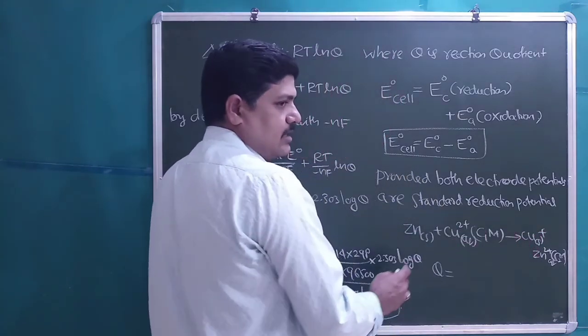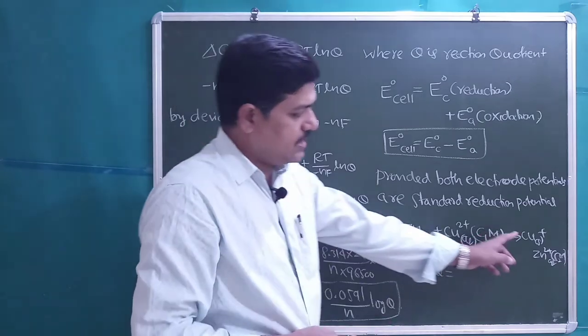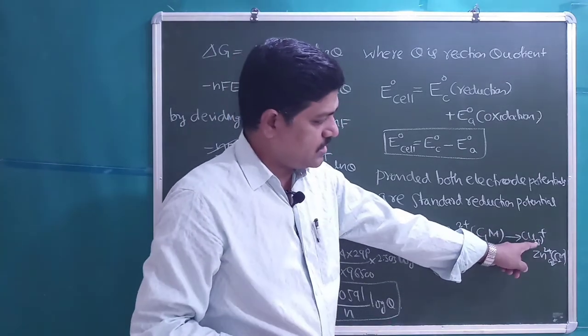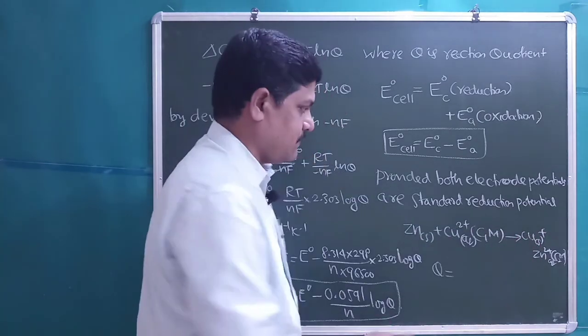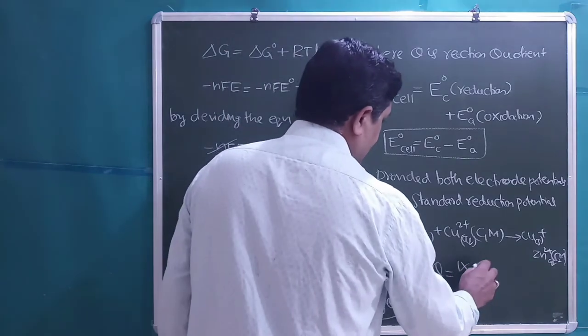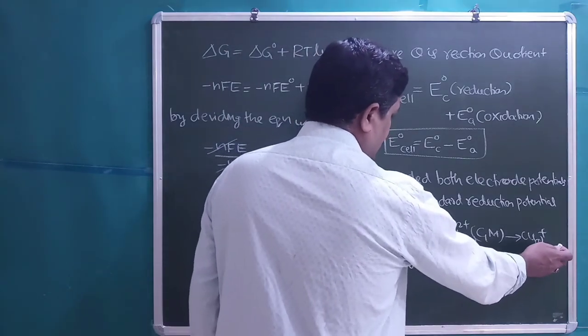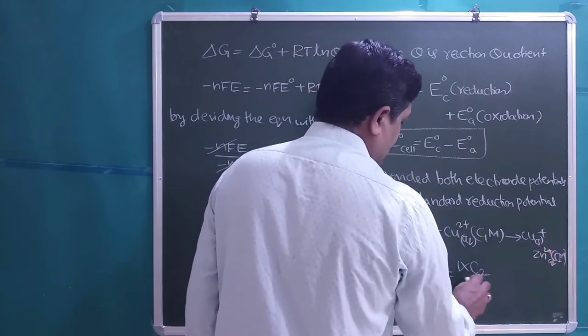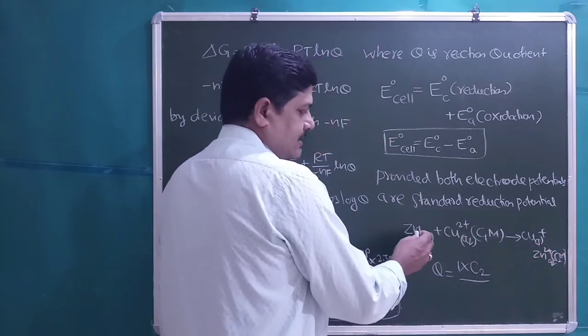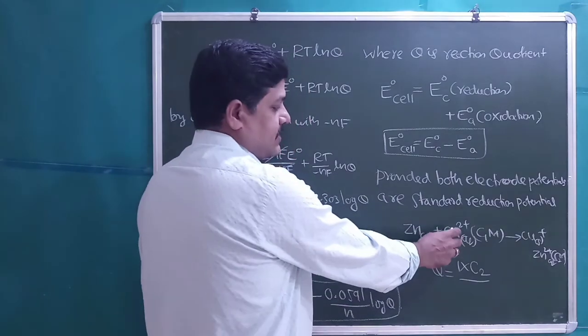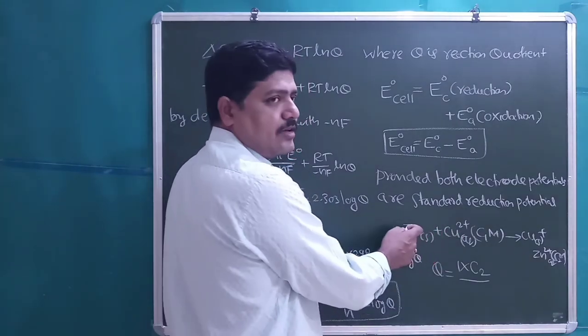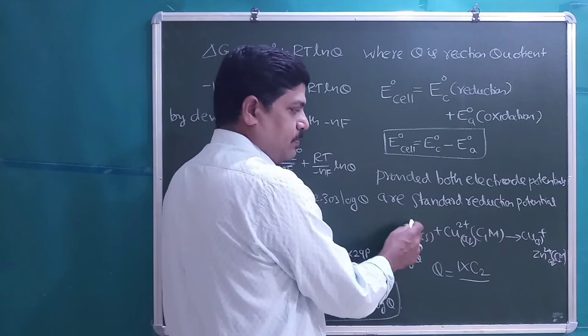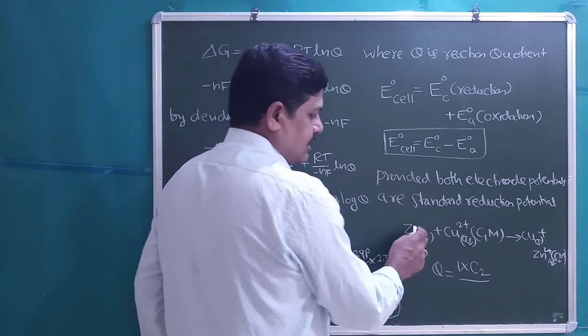Active mass for solids and pure liquids is 1. So Cu solid, active mass is 1, multiplied by the active mass of the Zn2 plus. Concentration in molarity is known as active mass, C2.